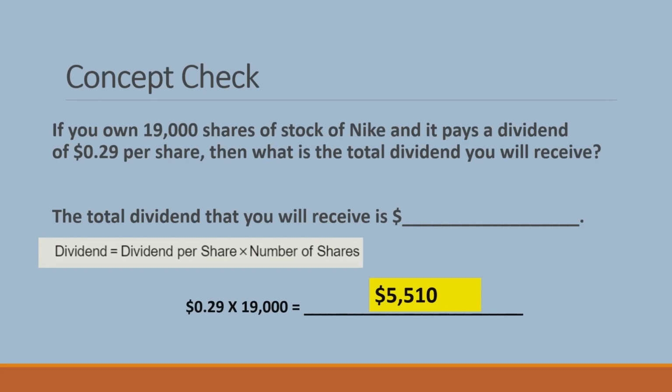Now, how do you get that? Dividend is equal to dividend per share times the number of shares. So you have the 29 cents times the 19,000 shares of stock, which will give you $5,510. And we will stop there.